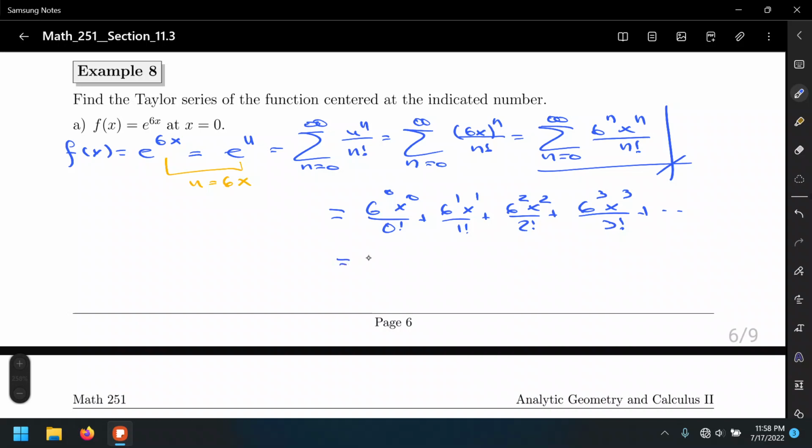This first term is going to be a 1, and then plus 6x, the second term, and then 6 squared x squared over 2 factorial.